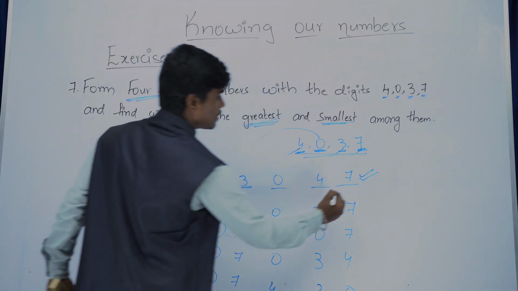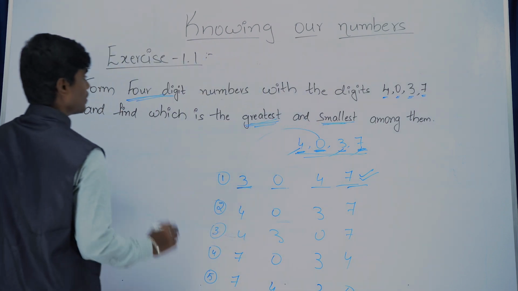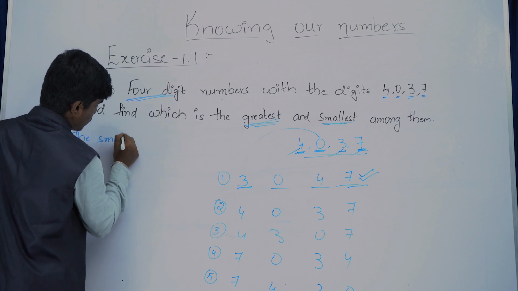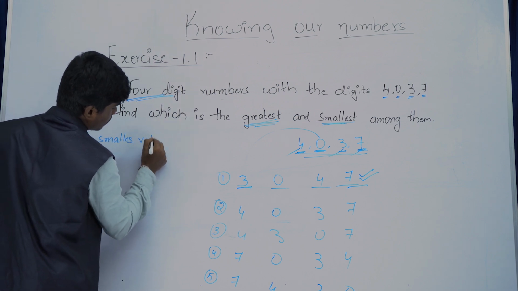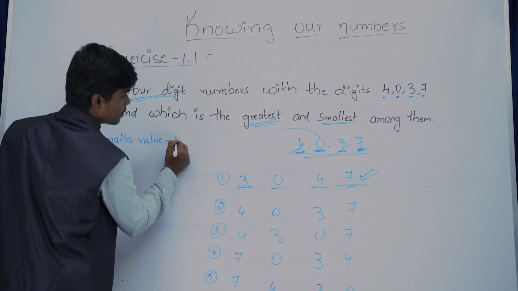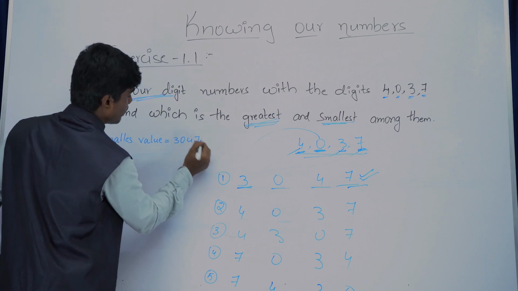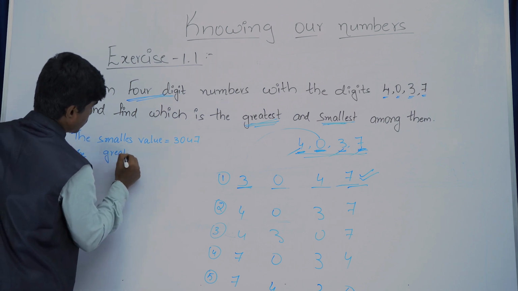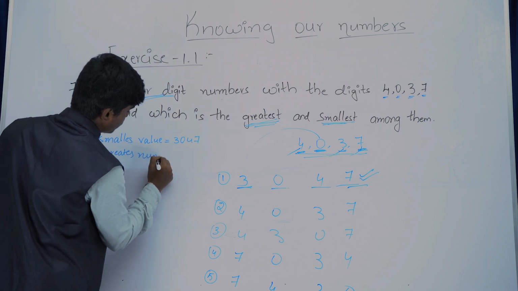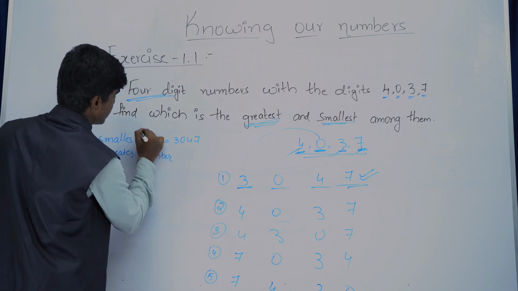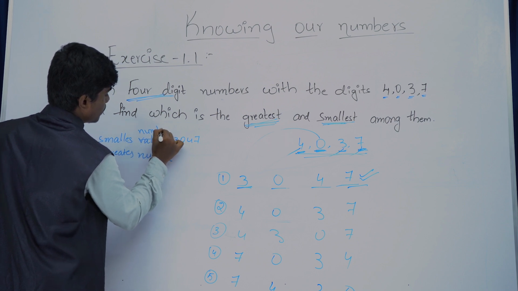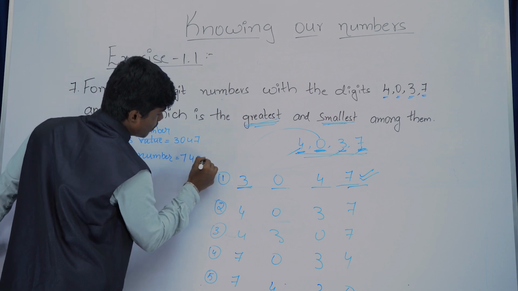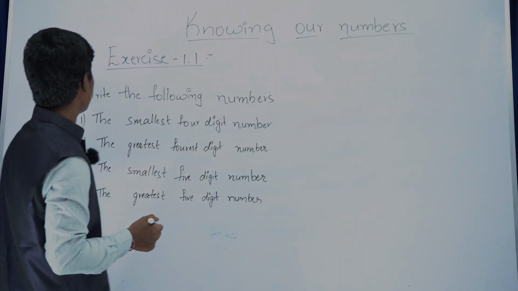The smallest number is 3047 and the greatest number is 7430.